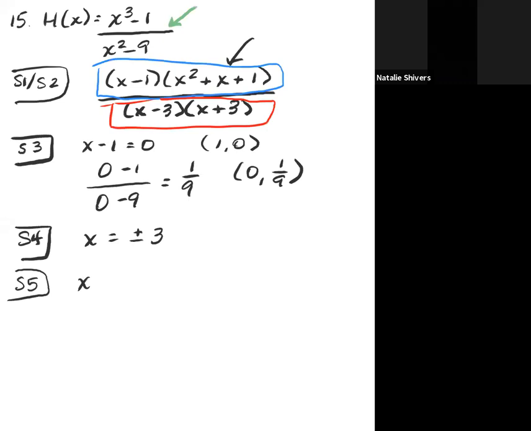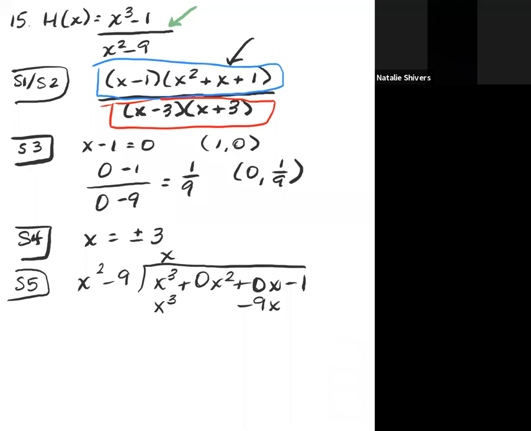All right. x squared minus 9 into, don't forget to put your placeholders in, x cubed plus 0x squared plus 0x minus 1. So we get x on the top, we get x cubed minus 9x. Go ahead and put a placeholder in if you need it.